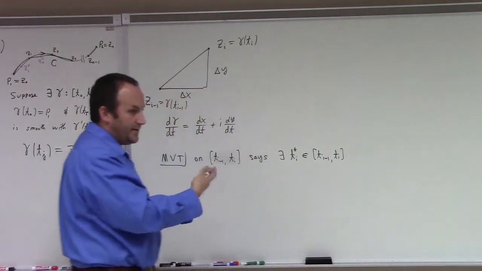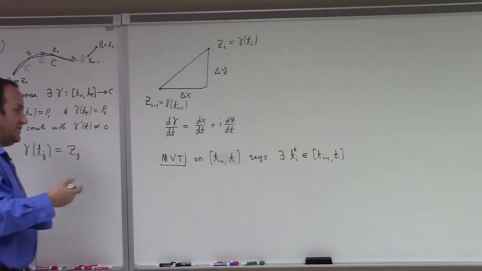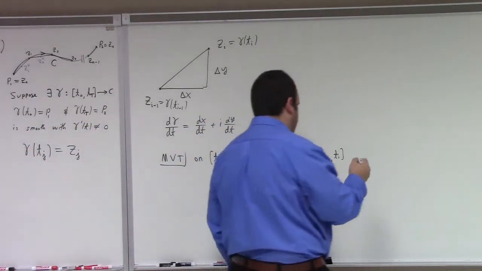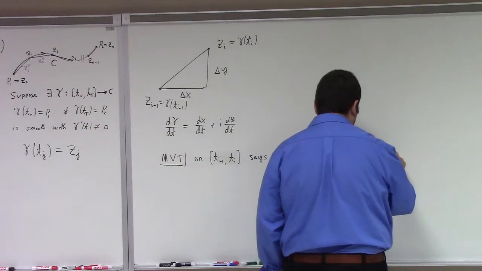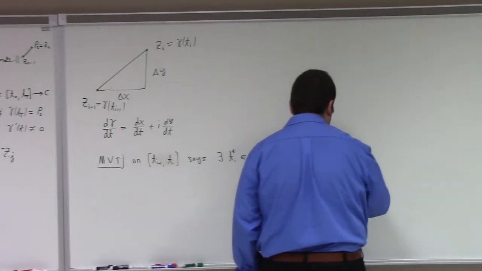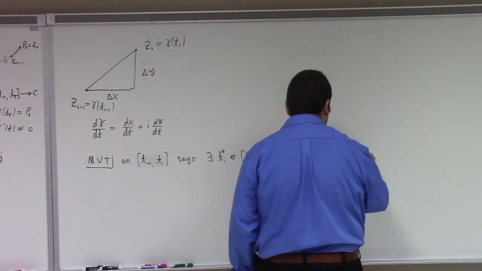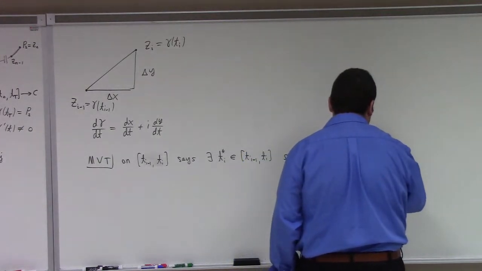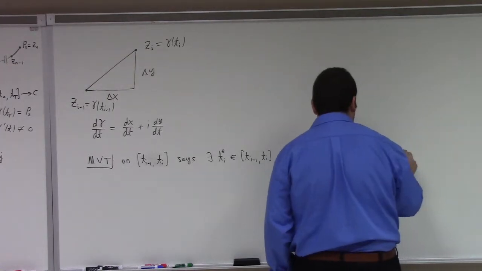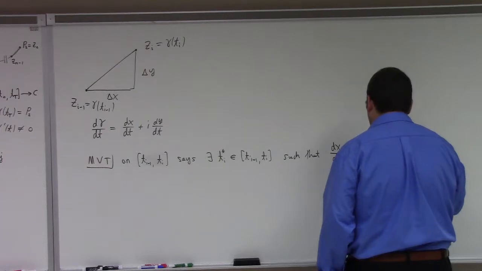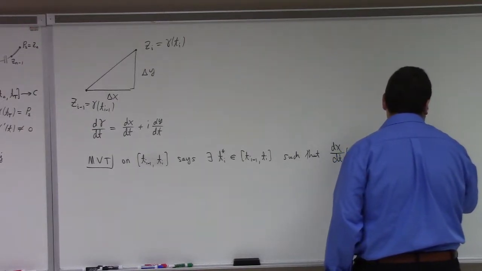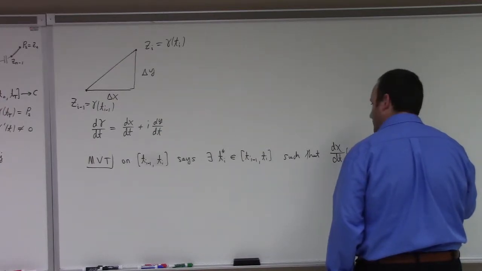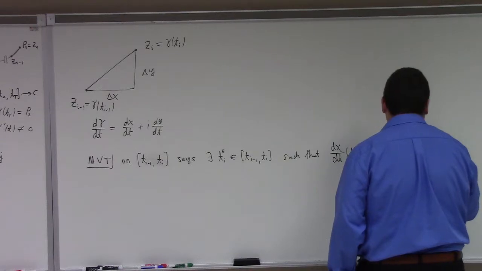There's got to be some time in there such that what? The mean value theorem says there's some time in there where the average rate of change in x matches the instantaneous rate of change in x. dx dt of t i star is equal to the change in x over the change in t, which in this case is x sub i minus x sub i minus 1 over t sub i minus t sub i minus 1.